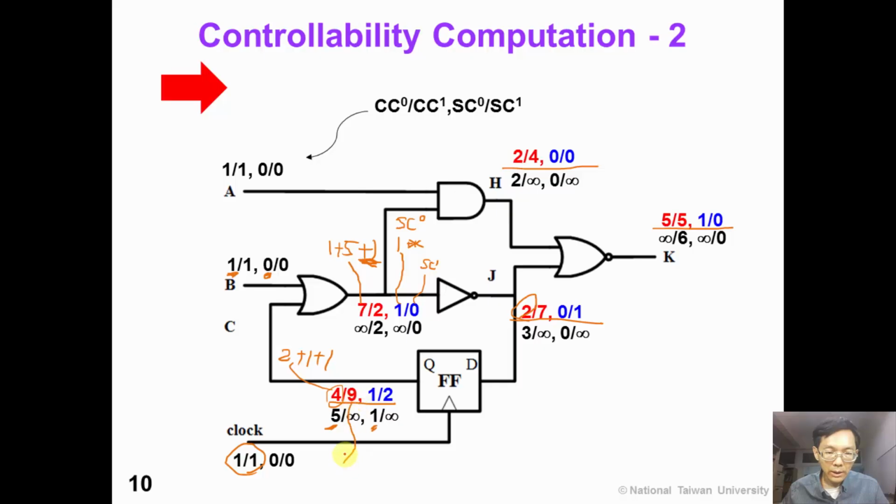And the CC1 of the flip-flop output is equal to CC1 of input, which is 7, plus CC value of clock. And the SC0 value is the same, and the SC1 of the flip-flop is equal to SC1 of the input plus 1, representing the flip-flop itself. So now we finish the second iteration.